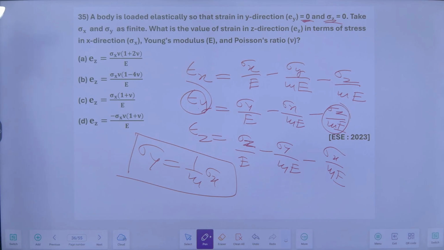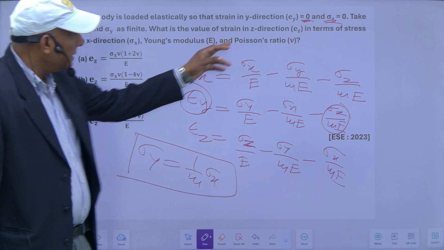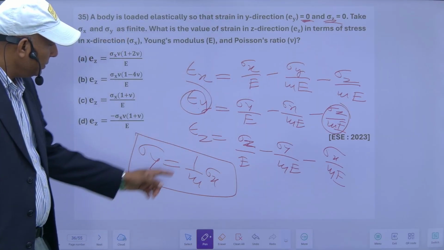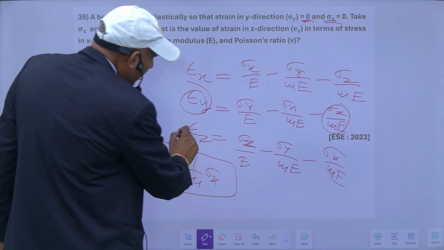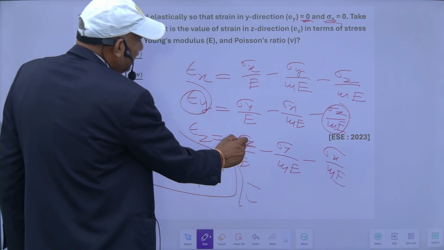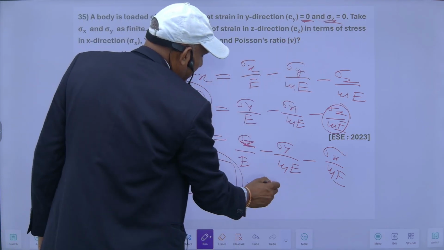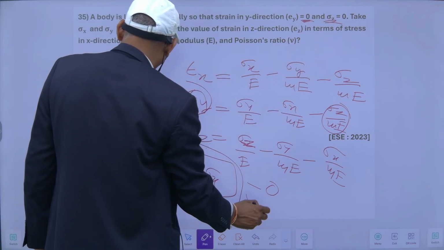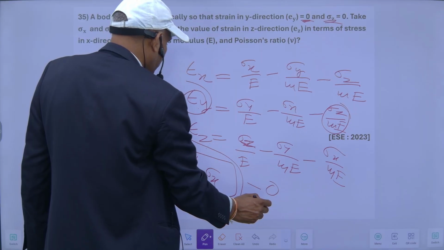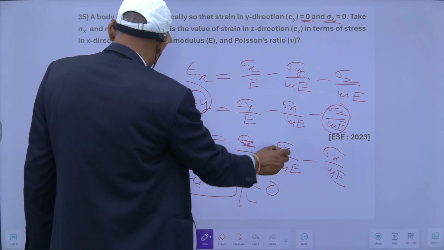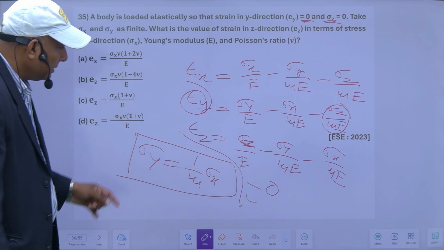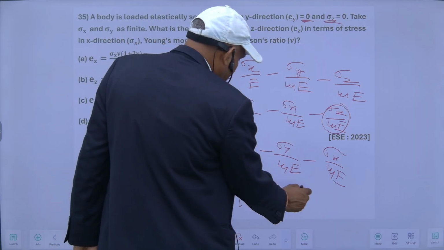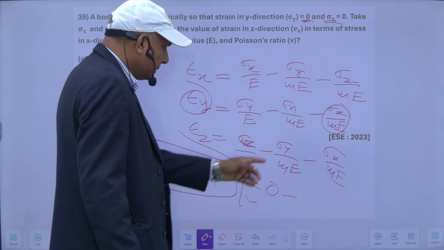And what is the value of the strain in the z direction? So this I have to calculate. This sigma z is 0 and sigma y, so here the values are in terms of sigma x, which means I have to calculate the value in terms of this one.